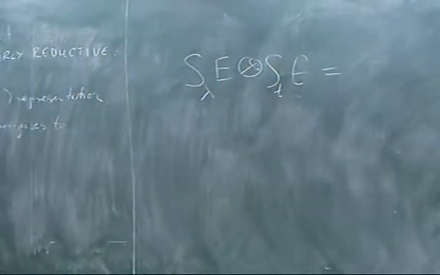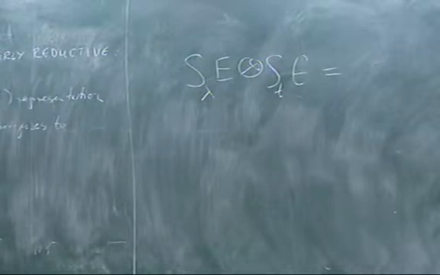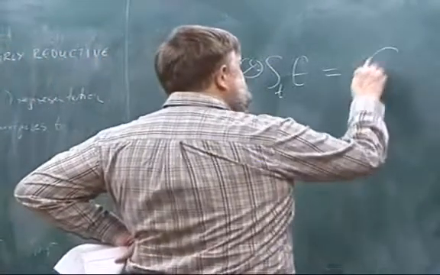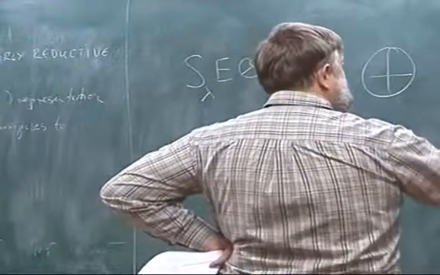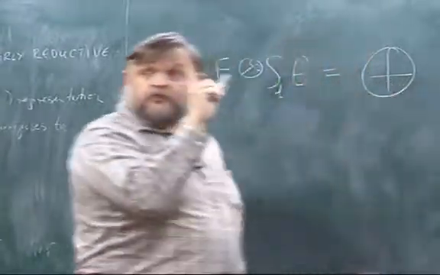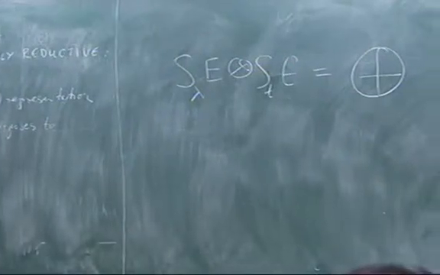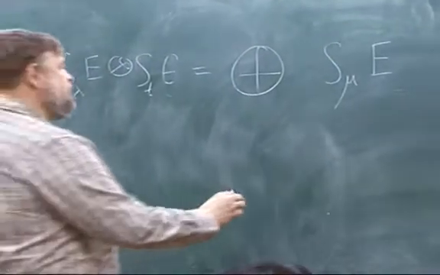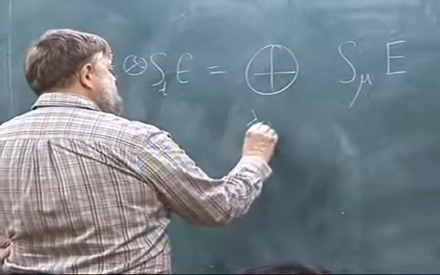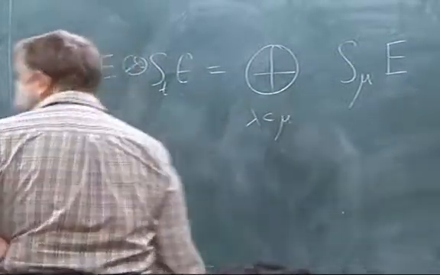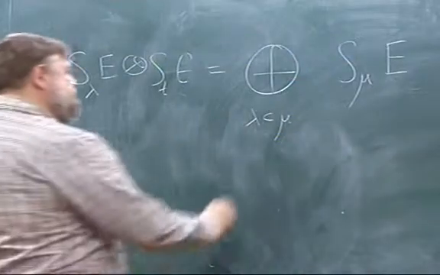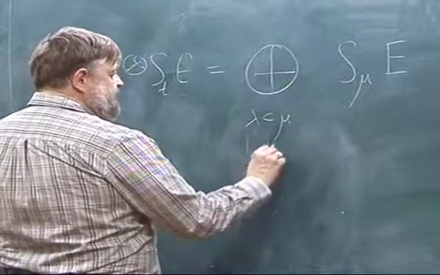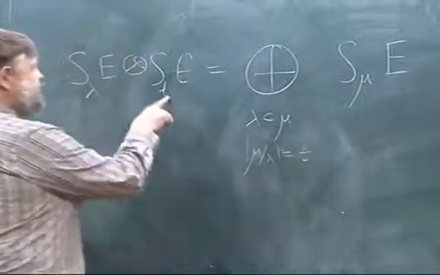It has to decompose into a direct sum of Schur functors. And it turns out that this has a beautiful decomposition: each representation will occur at most once, so it will be multiplicity free. We sum over all partitions mu such that lambda is contained in mu, in the sense that the diagram of mu is bigger, and mu divided by lambda has t boxes, so it means I added t boxes.